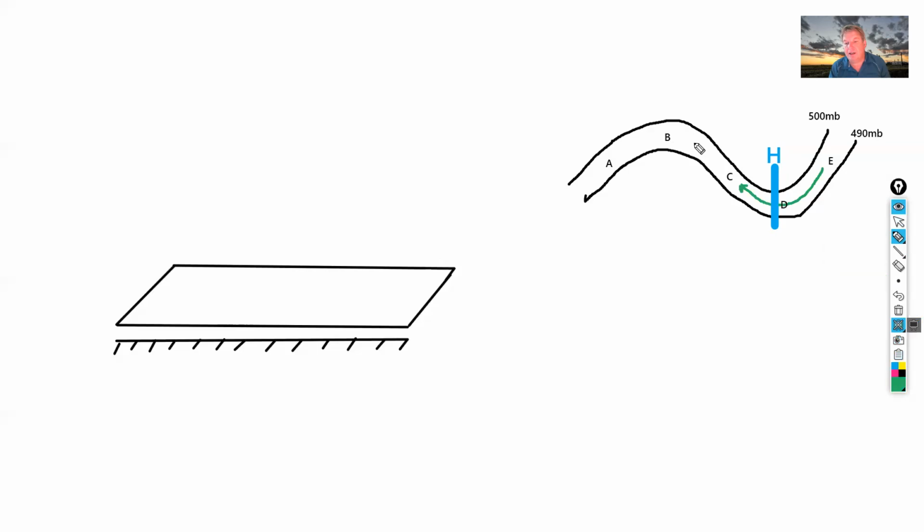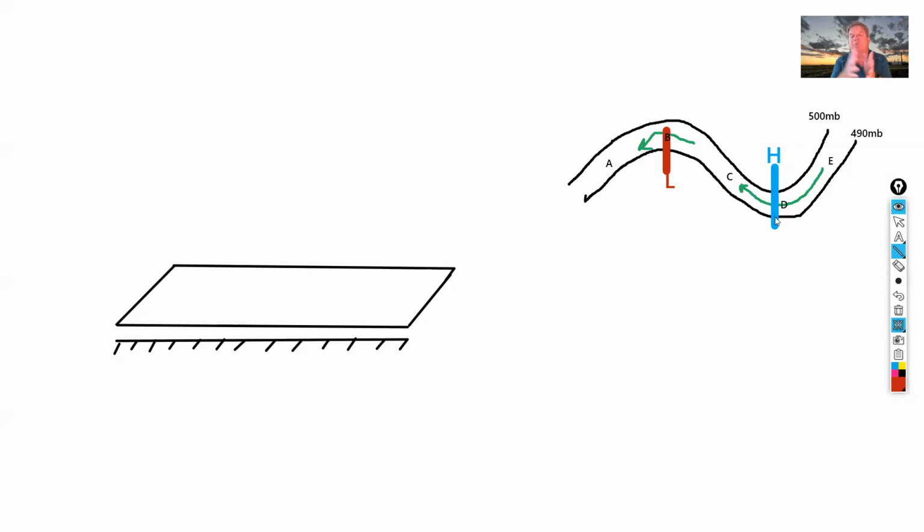The air is traveling this way, which if you followed it around would be going counterclockwise. And so this is a big low pressure area. There's where the cyclone is. Okay? So this axis here is the trough. So the trough is at letter B, the ridge is at letter D.